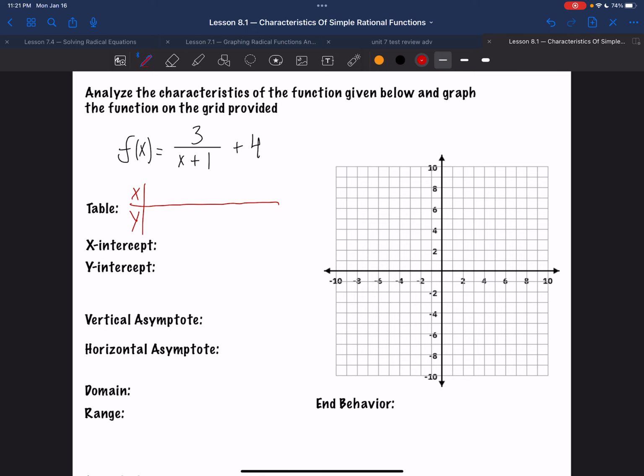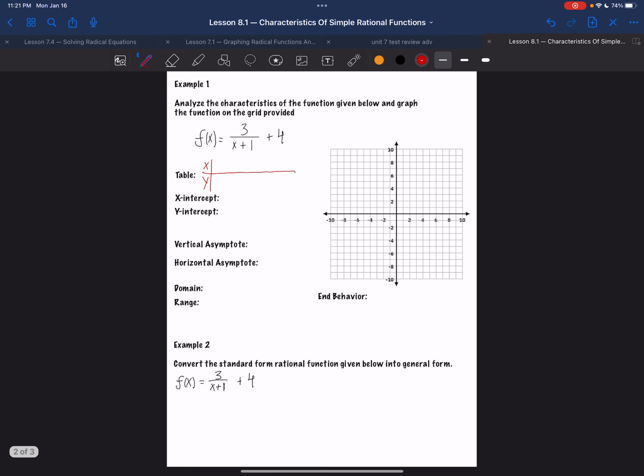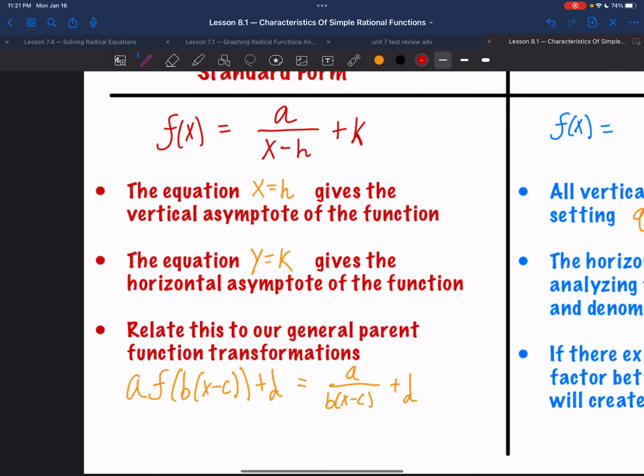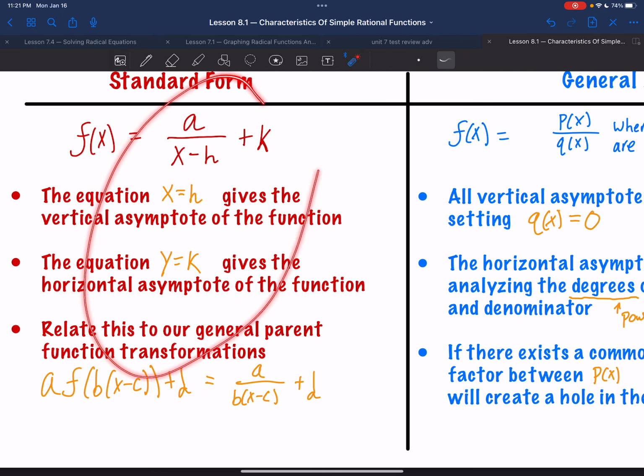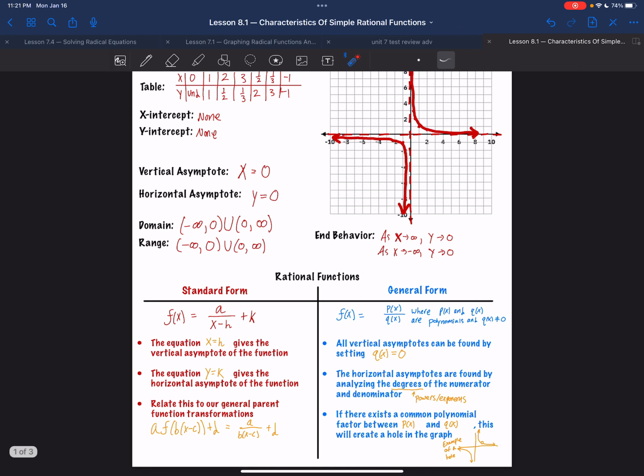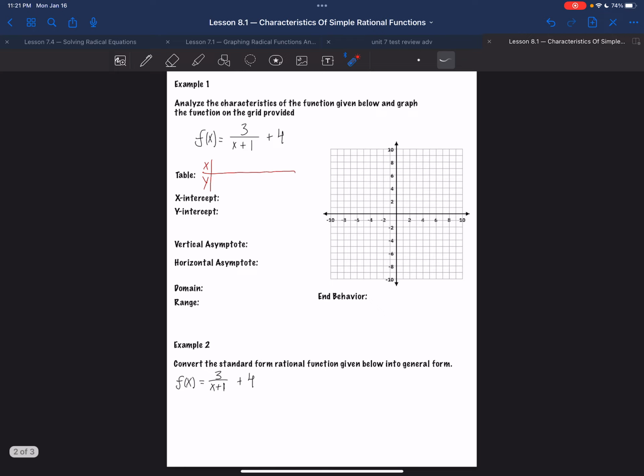Remember, we just said that the vertical asymptote can be found right here. Just use this page as reference, yeah? x equals h is your vertical, y equals k is your horizontal. That's it, okay? It's your shift left and right, it's your shift up and down.